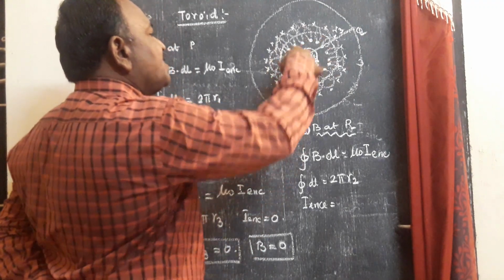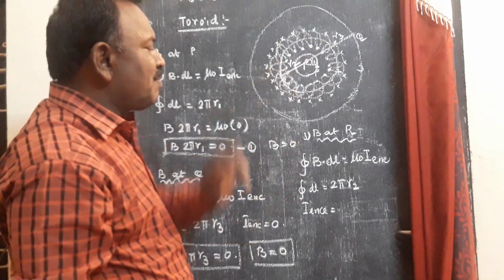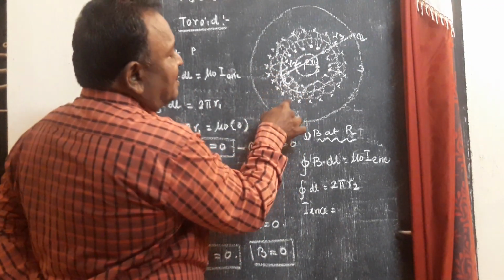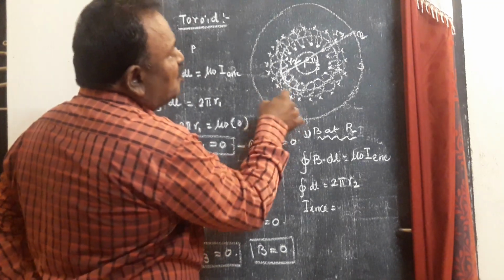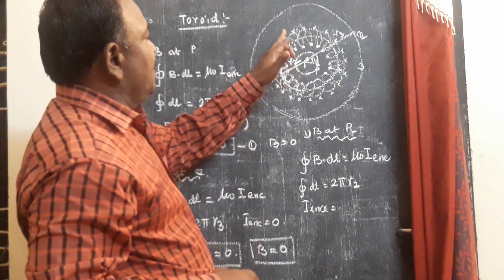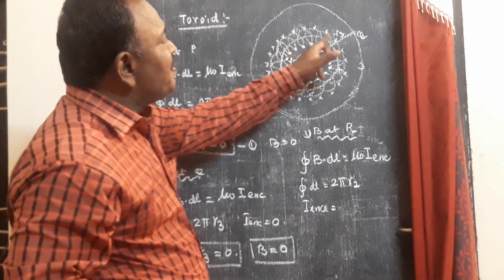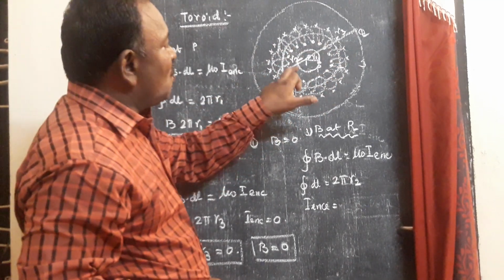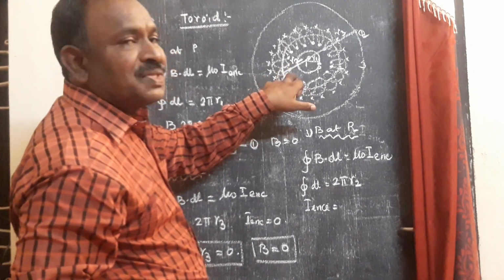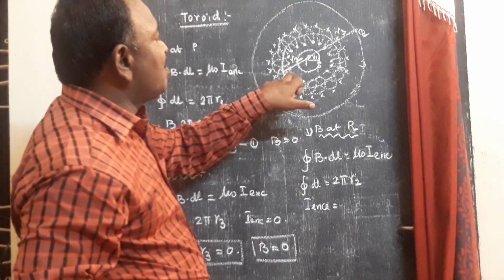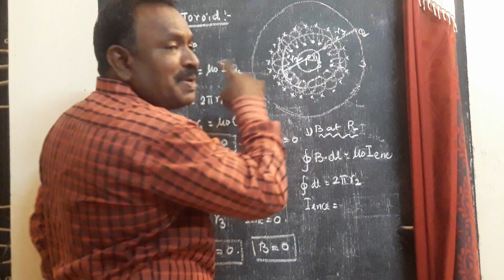if you consider that this toroid is made up of N number of turns. The current flowing outwards perpendicular to the plane of the blackboard is outside the Amperian loop. Only the current flowing inwards perpendicular to the plane of the blackboard is inside the Amperian loop.